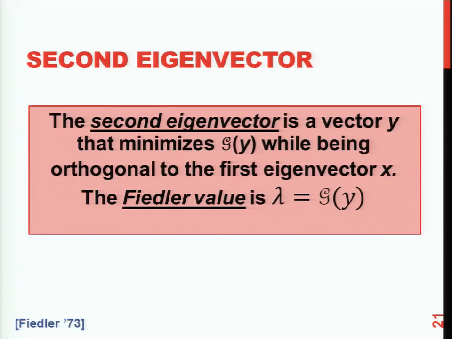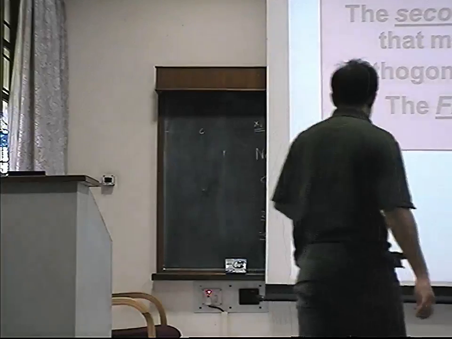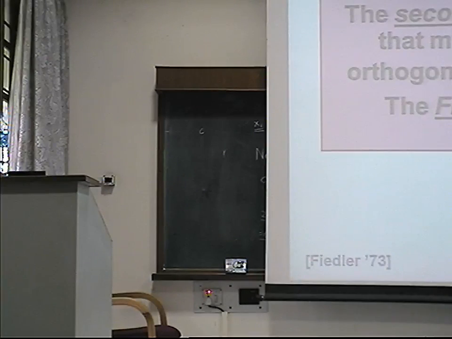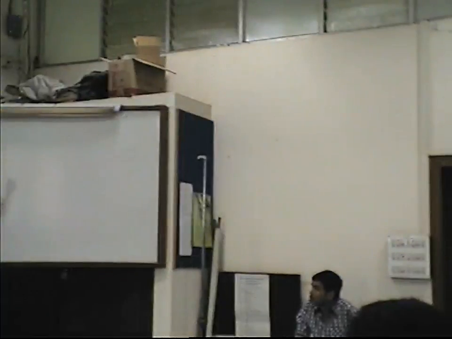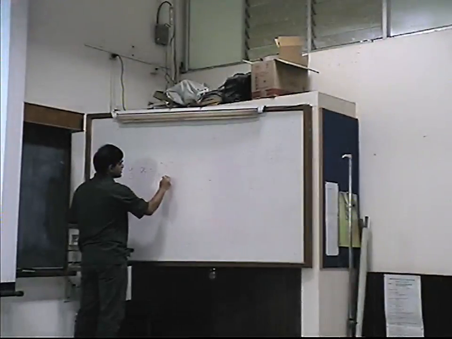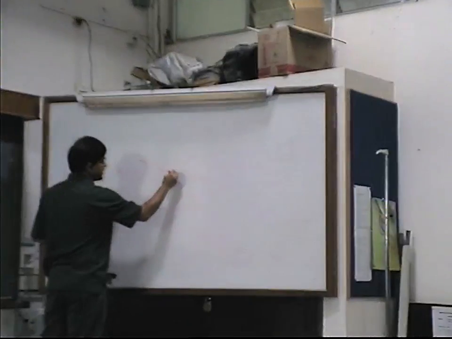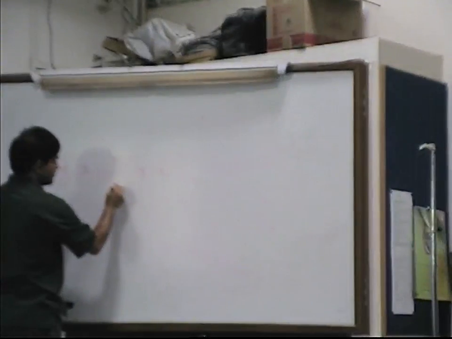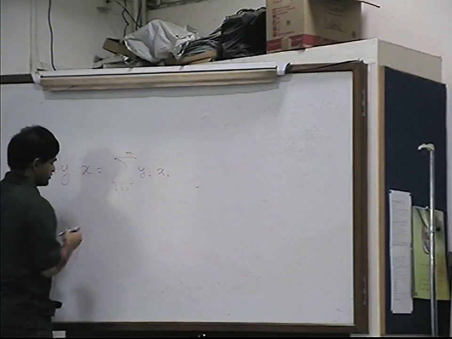Orthogonal just means that the dot product between y and x should be 0. You all know the dot product, right? The dot product or inner product y dot x is just the sum of yi xi for i equal to 1 to n.